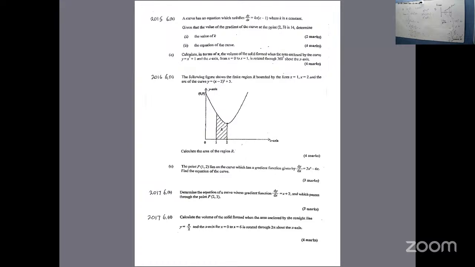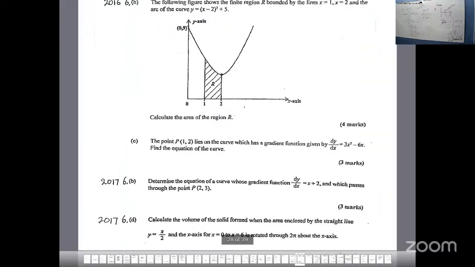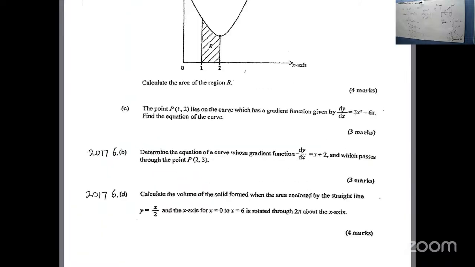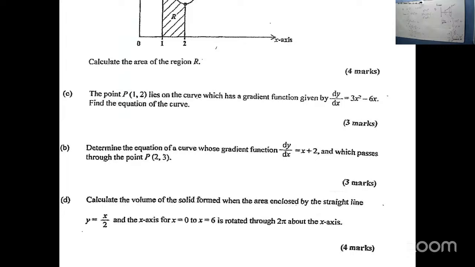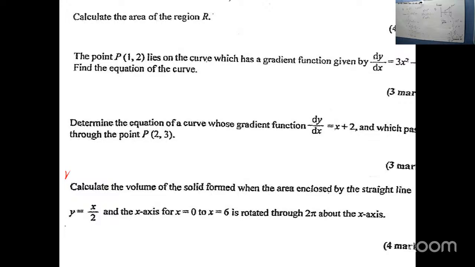2015 part C, we did it already. Here, 2017 number 6. This one here is 2017 number 6. It's in the topic by topic group, so you can always open it for yourself. Somebody can just share it in the group.